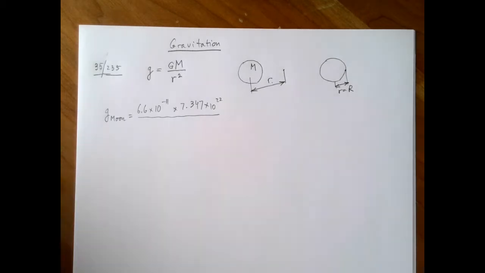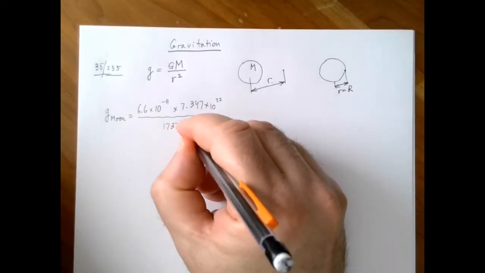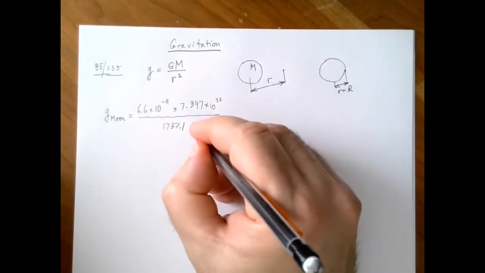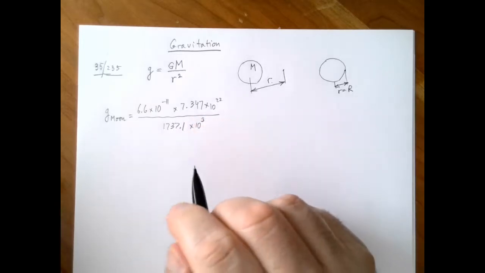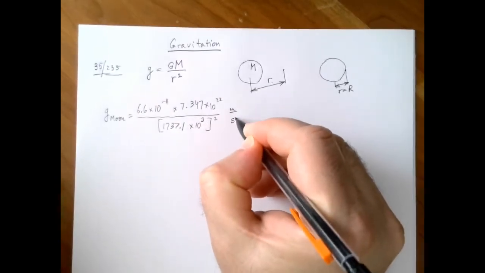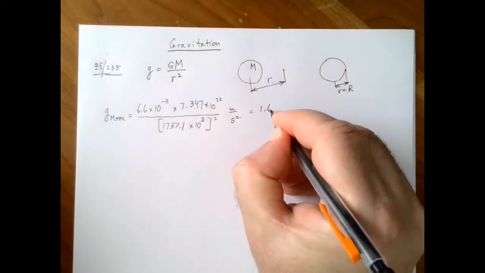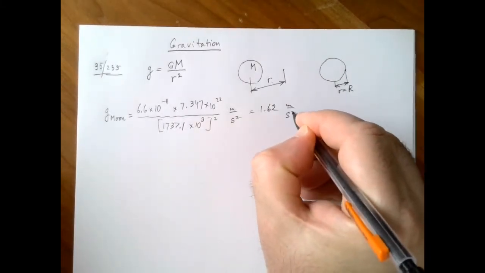It is 1,737.1 kilometers. So we have to multiply by 10 to the third, and we have to square this. So if we plug in all the numbers, we get an acceleration of 1.62 meters per second squared.